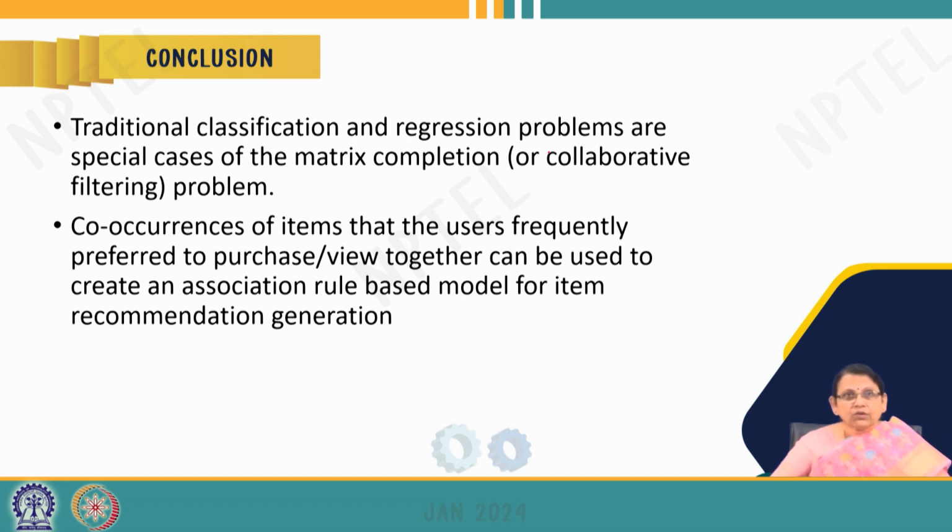One such algorithm is association rule mining, and we can utilize this algorithm to generate association rules based on co-occurrences of items that users frequently prefer to purchase or view together. We can use this to form the model, and based on this we give the recommendation.